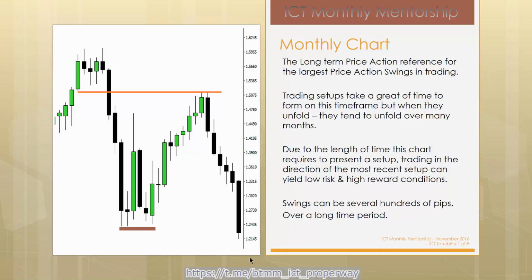So if we see this and we can outline where the market may reach up into, it took 6 months to unfold, but it took over 13 months to set up. It took 13 months for the trade up to get back to an area where we would see a setup form on the monthly chart.